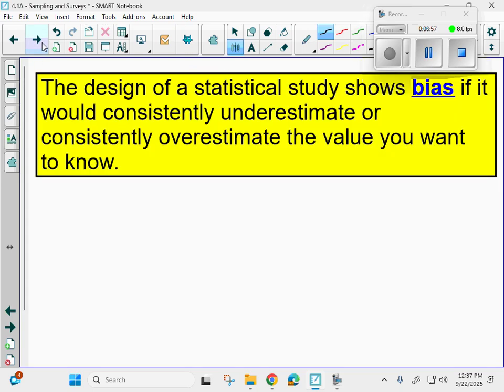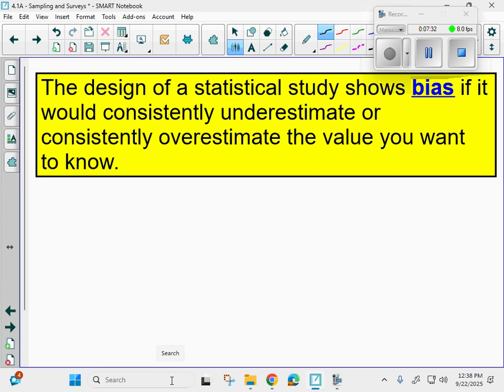All right, bias is not necessarily just asking the question in a biased way. Sometimes we think of bias as, oh, this is just going to create bias. Bias is actually any kind of overestimate or underestimate. It's just when you basically get the wrong answer. Like I estimated the height of all the Devlin kids, but somehow I got all the sixth graders, so I got an underestimate.